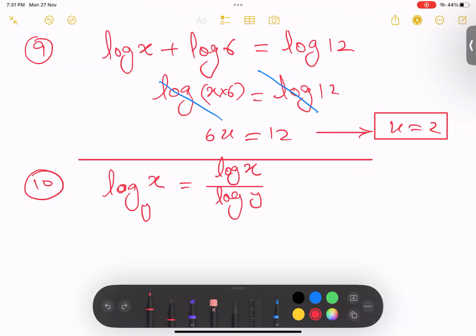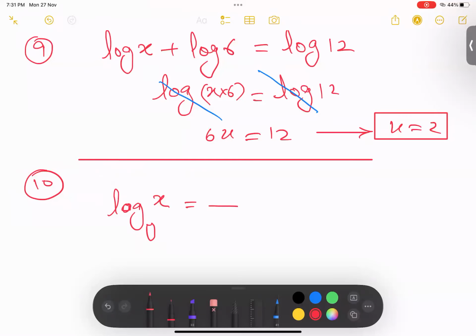For example, you write 10, you write A, you write K, whatever. Hold on, I should write a little bigger. One fraction right here, one logarithm up, one logarithm down, and this index will remain an index, this base will become the base.